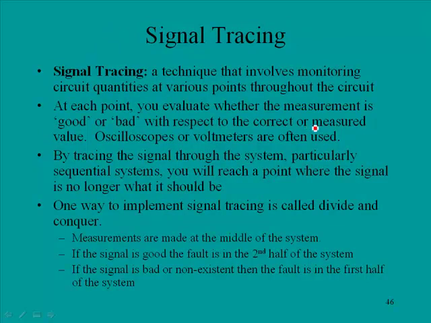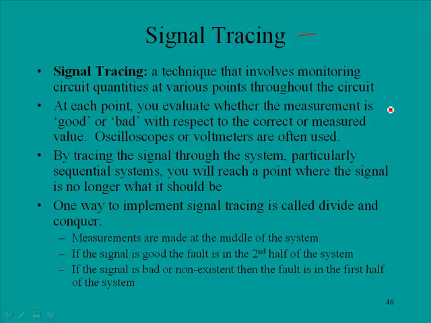The next troubleshooting technique we'll mention is signal tracing. It's a technique that involves monitoring circuit quantities at various points throughout the circuit. At each point, you evaluate whether the measurement is good or bad with respect to the correct or expected value. Typically, oscilloscopes or voltmeters are used to do this, and one of the necessary skills is that you actually know what value should be measured at given points.